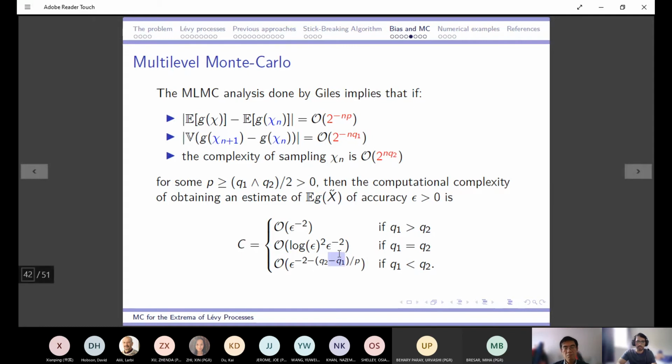And the multi-level Monte Carlo allows me to reduce the cost by Q1 essentially. Of course, when there's a tie, you can't get something positive, so you only get a logarithm. And if the variance beats the cost, then you get just optimality, a Monte Carlo error, the same error that you would get just from doing exact Monte Carlo.